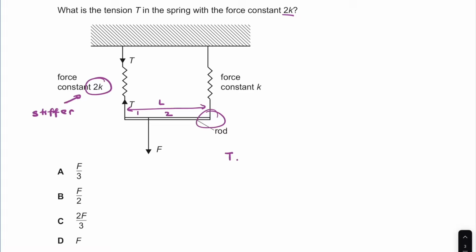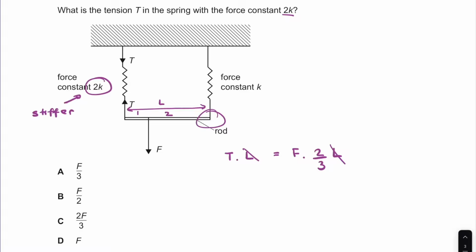Tension is acting at a distance of L, and the force at a distance of 2/3 of L. So tension will therefore be, again, 2/3 of F. That is the moments way of looking at it, but I prefer the first, more logical answer.